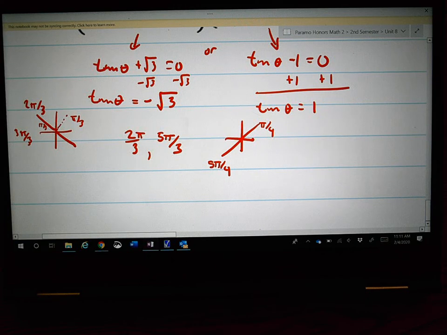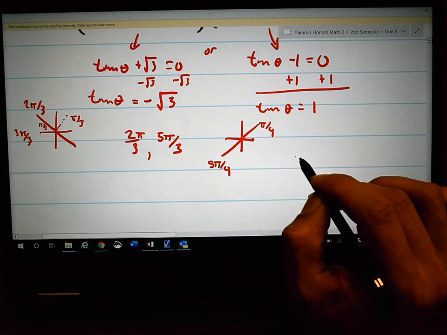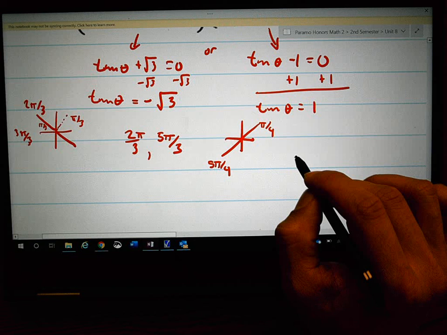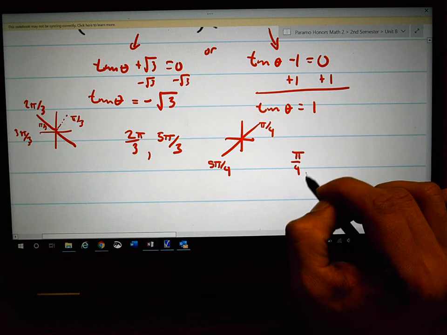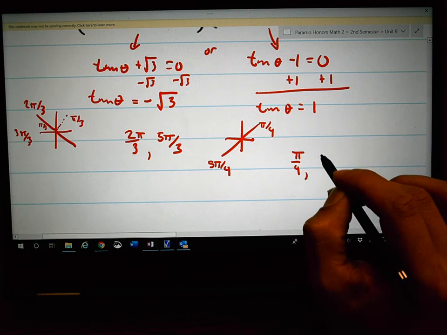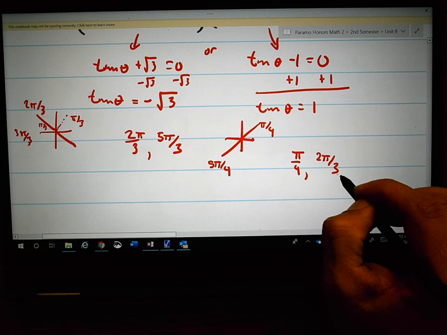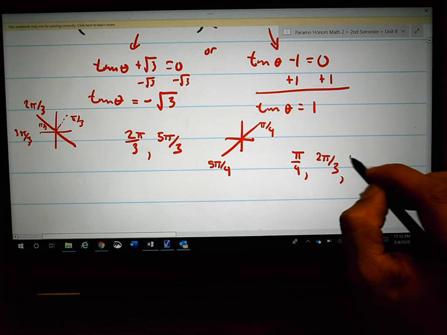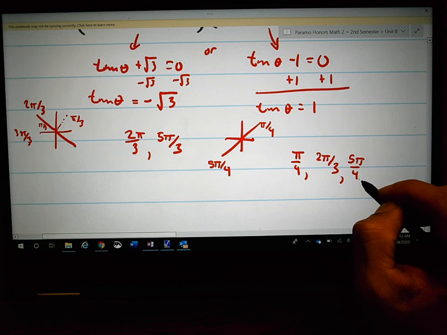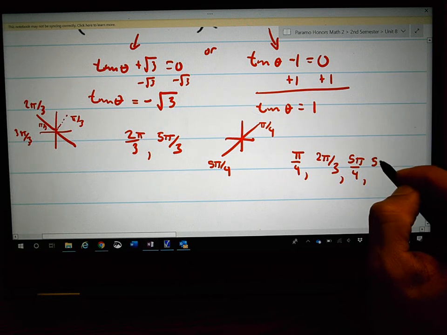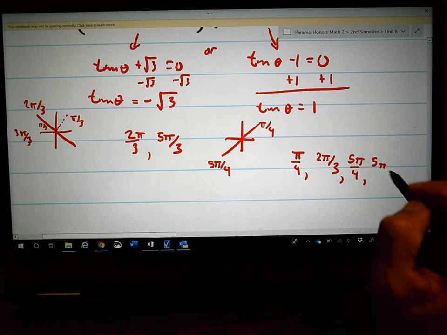And then what you do is you write your answers in order from smallest to largest. And I will always put them in a solution set bracket.